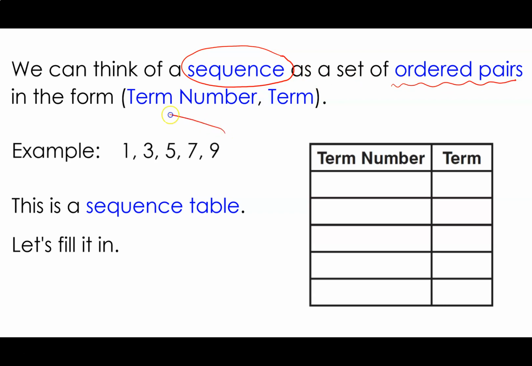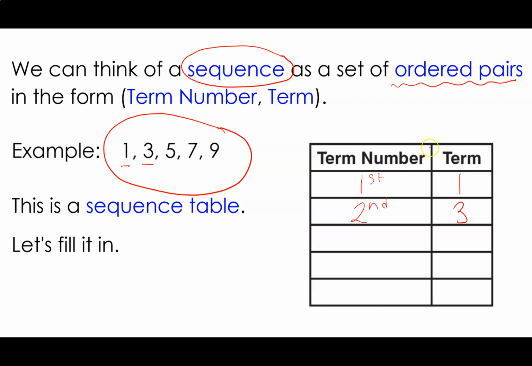If I gave you this list of numbers, what number is the first number listed? That's right, it's a 1. The second number in that list is 3.